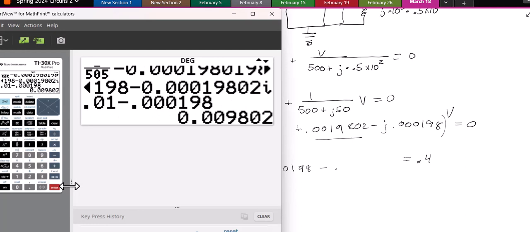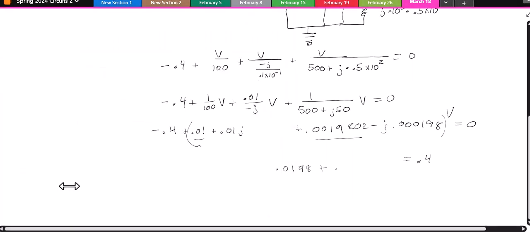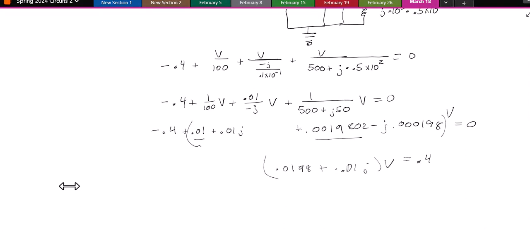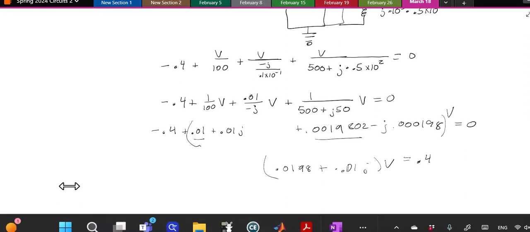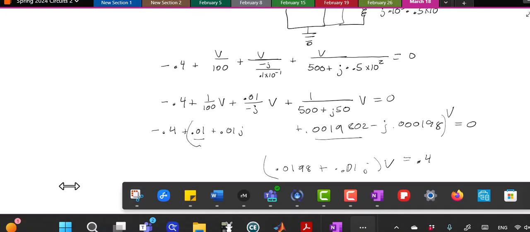So about 0.01. So plus 0.01J, V equals 0.4. So now I want 0.4 divided by that.